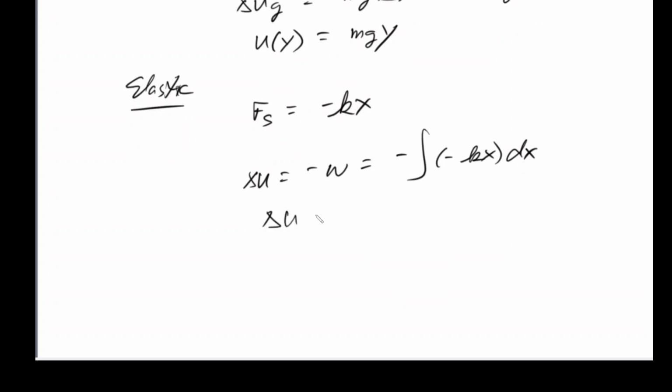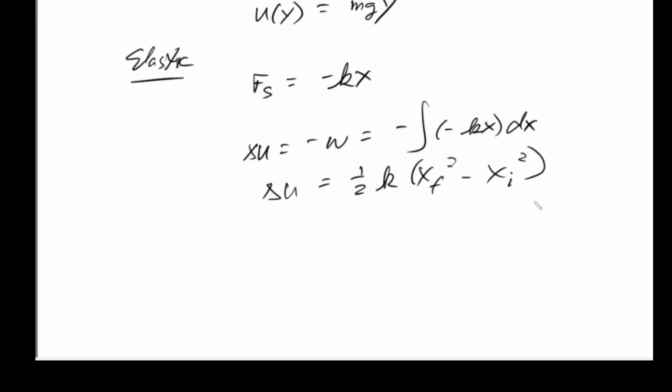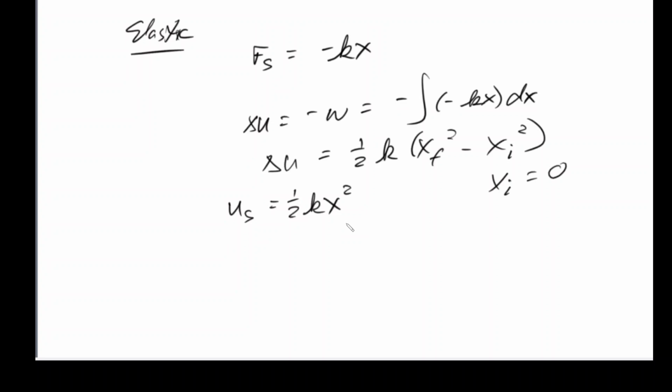Or delta U becomes 1/2 k times x final squared minus x initial squared. And again, if we cause the reference point to be 0 for the initial x, we get the potential energy of a spring equal to 1/2 kx squared, which is also the elastic potential energy.